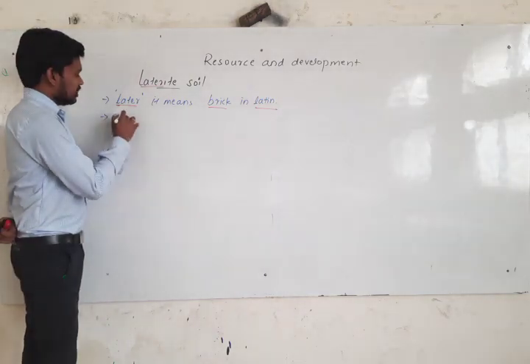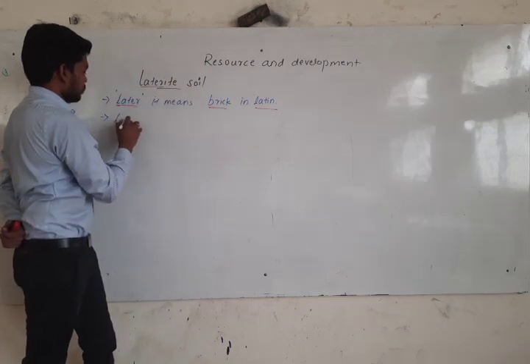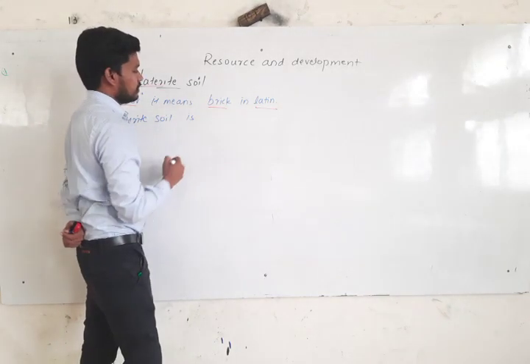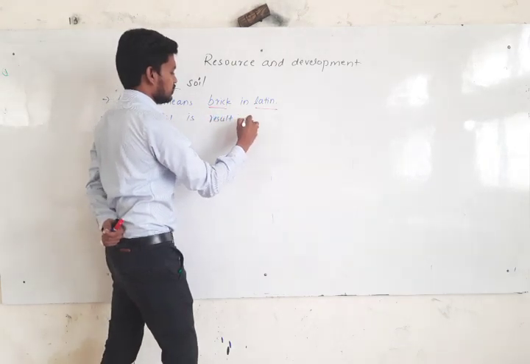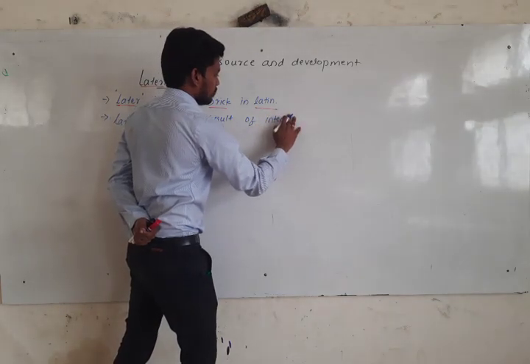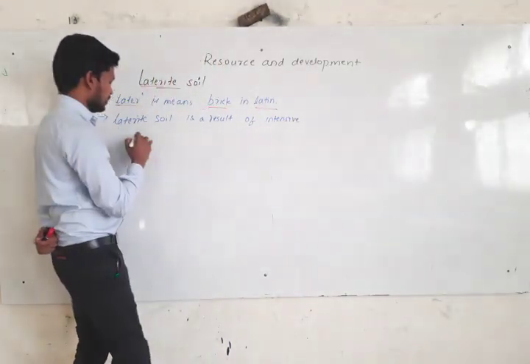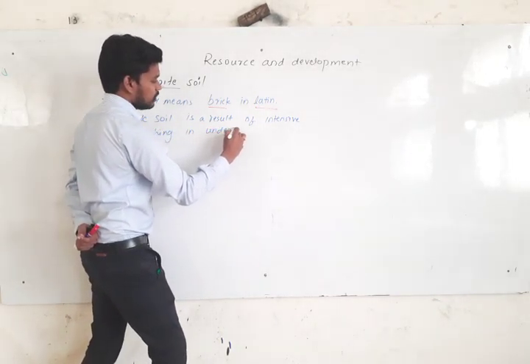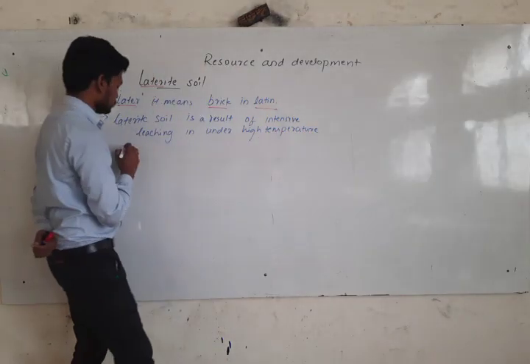So laterite soil is the result of intensive leaching under high temperature and heavy rainfall.